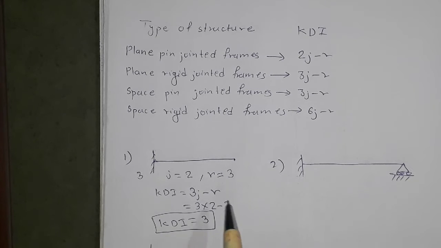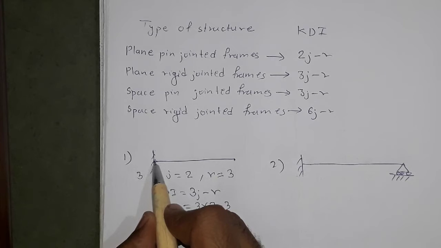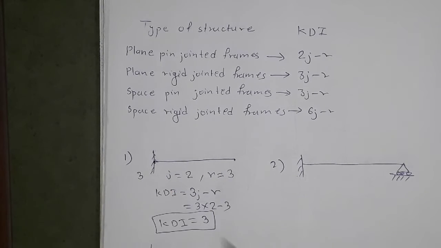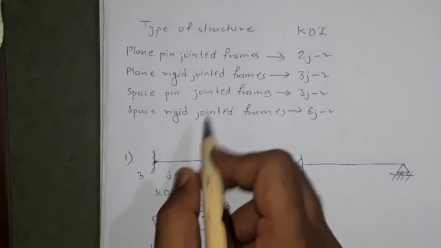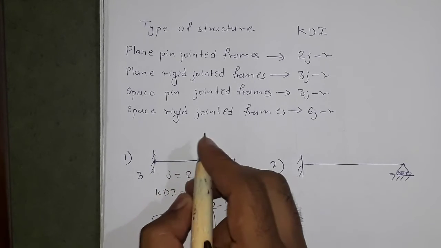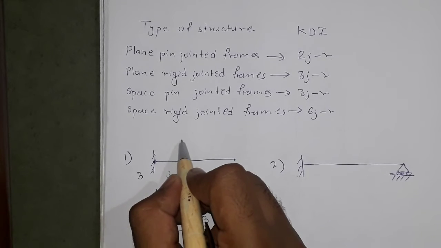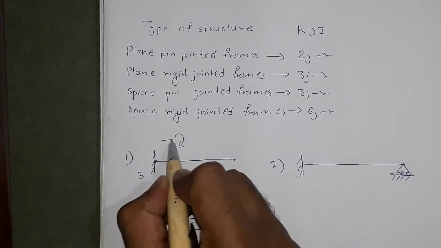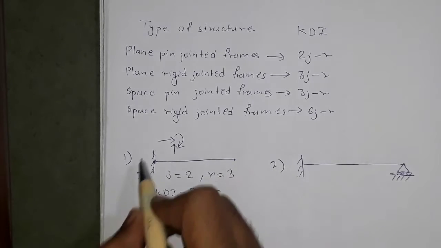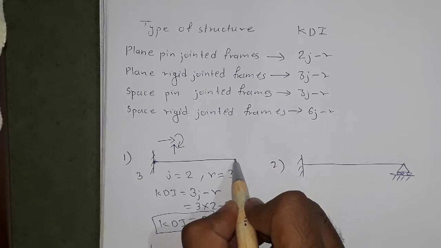So we can use the formula or we can directly solve by going joint by joint. At this joint, the independent displacement will be equal to 0. As for fixed support, we have seen it in our first video in this lecture series, types of support. For fixed support, movement is resisted, horizontal displacement is resisted and vertical displacement is also resisted. So here the number of displacements for fixed support will be equal to 0.